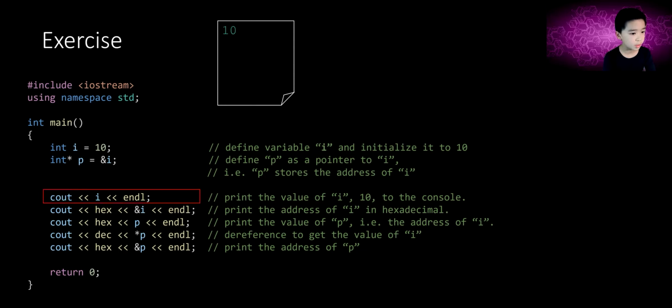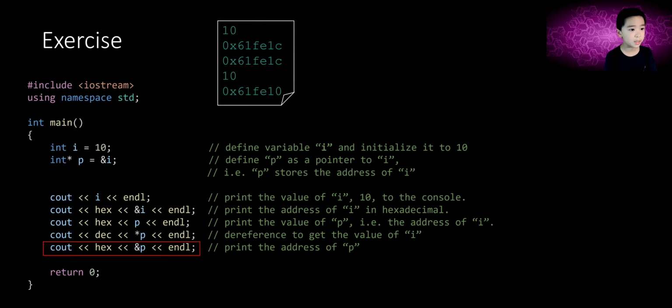Then we print out the address of I. But because p holds the address of I, it should print out the same thing as the address of I. Then we use dereferencing to get the value of I. Finally, we print out the address of p, which is independent of the address of I.